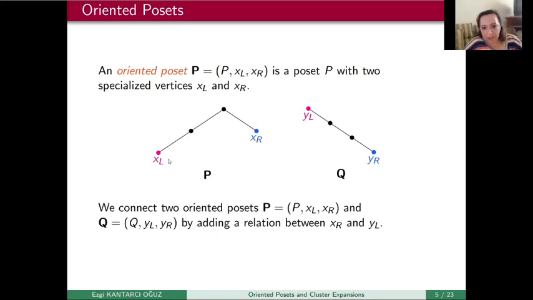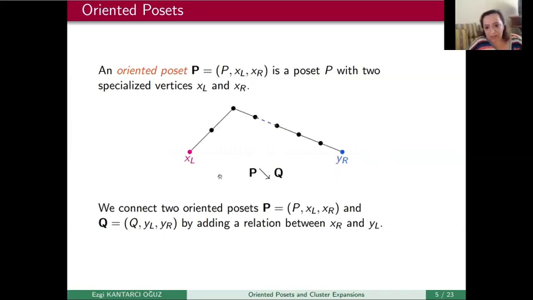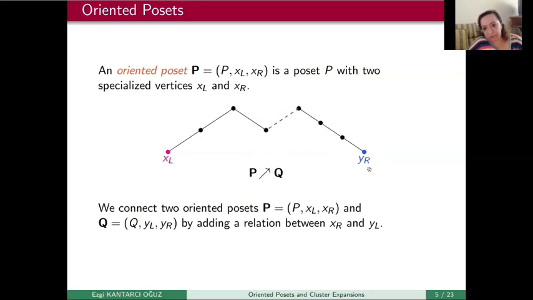For example, here we have an oriented poset P, and here we have Q. We want to connect the left end of Q and the right end of P. We can do this two ways. We can either say XR is bigger than or equal to YL, which would give us this poset, or we could do it the other way. And then we get a larger oriented poset.